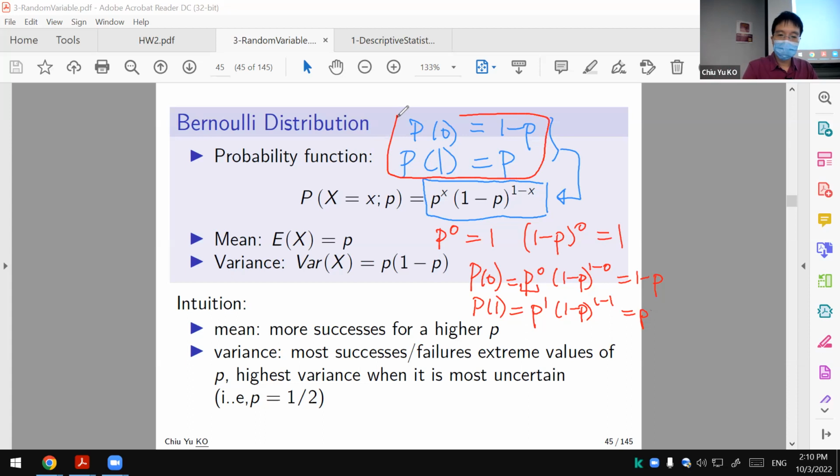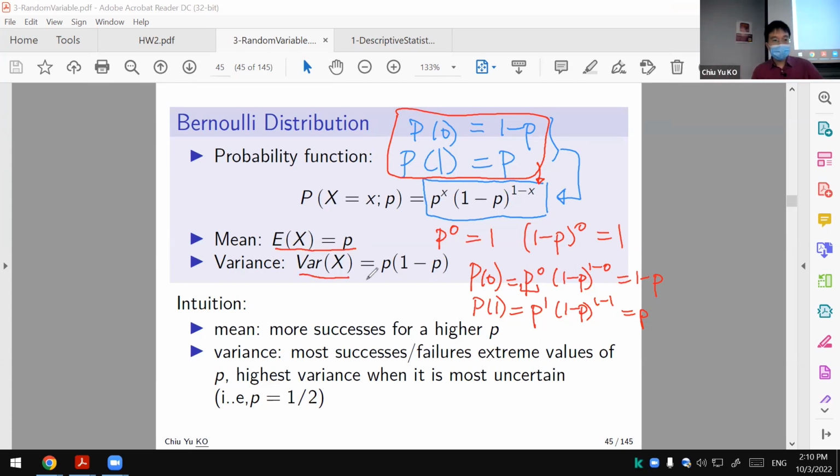This is the guy we have, but we can write it in a compact form in this way. And why we write it this way is more convenient, which will be clearer when we talk about things in the next one, okay? So what we have left here is the mean and the variance, okay?